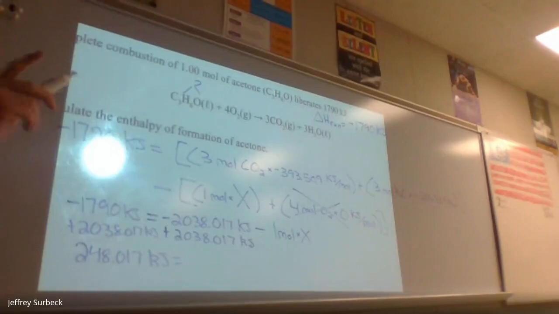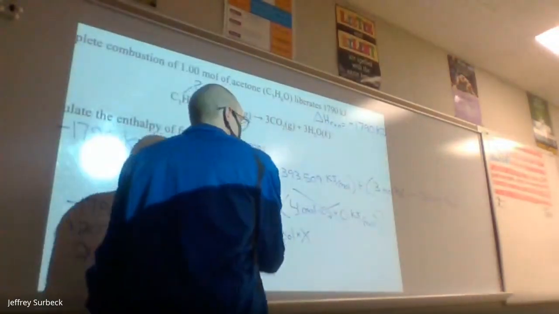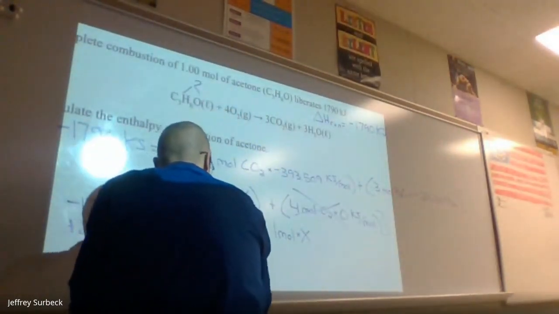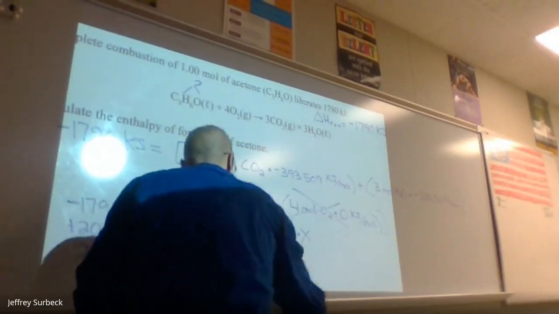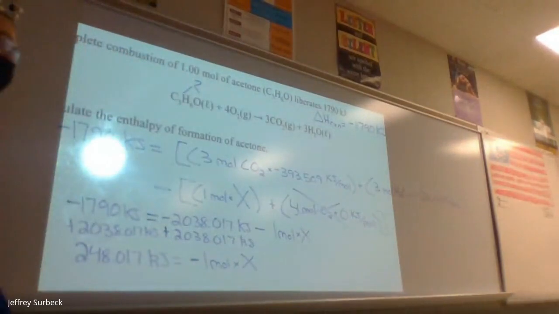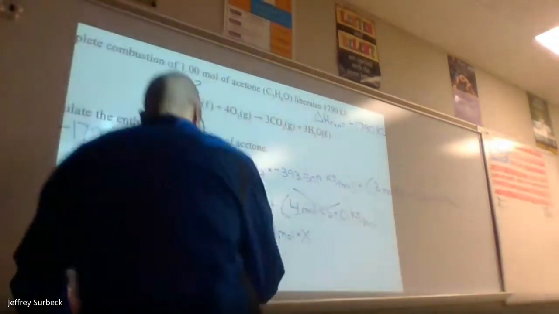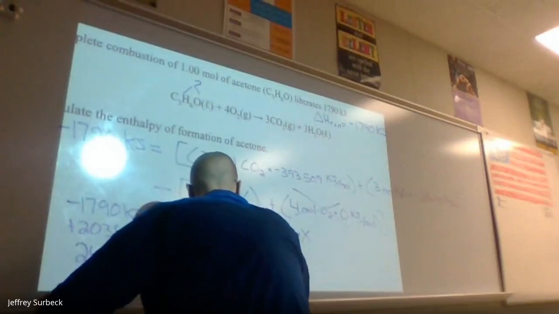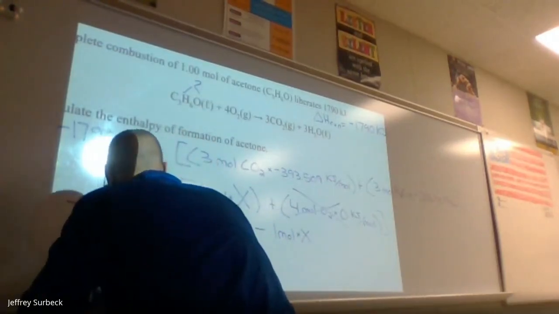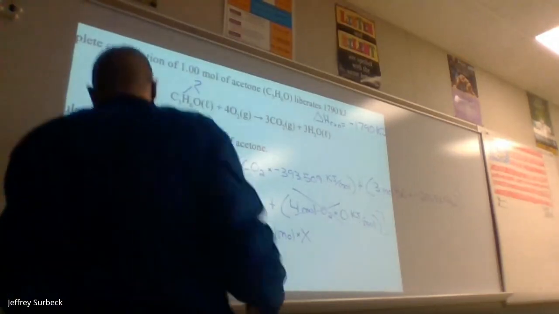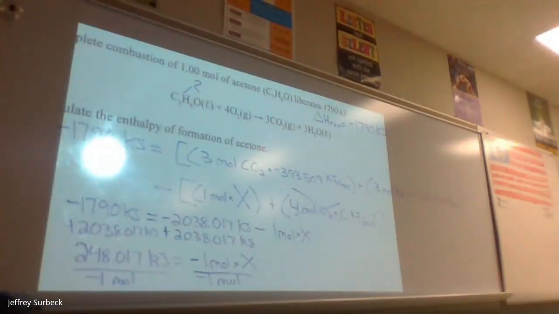Equal, and this is why I put the moles out in front, equal to negative 1 mole times X. Now, how do we get X completely by itself? Divide by negative 1, and that mole will play a role here to help with units. So if we divide this number by negative 1 moles, now what's our value become?